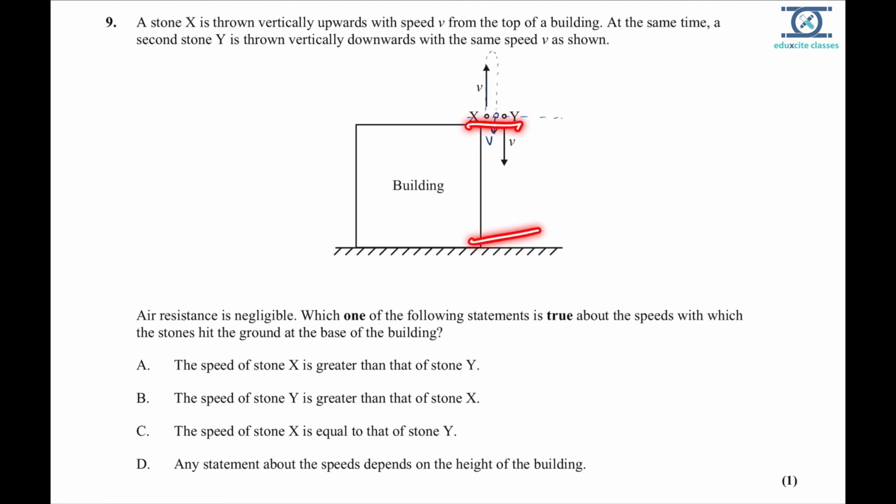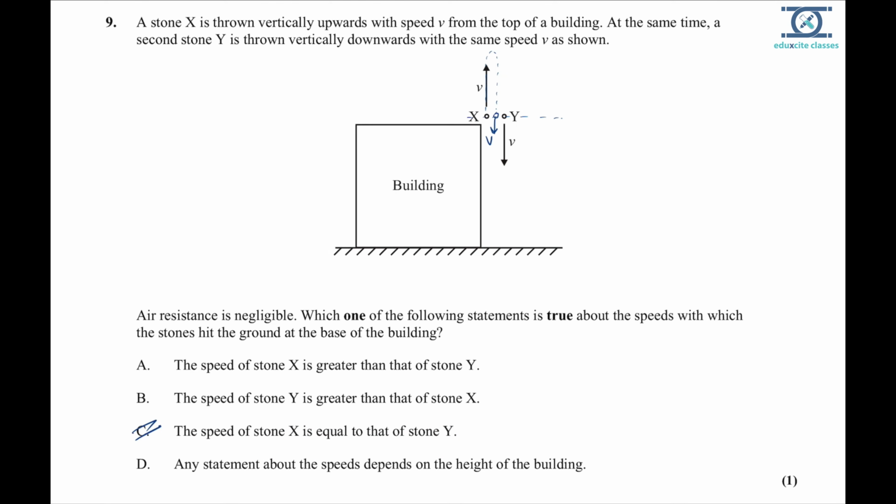The height is the same, acceleration due to gravity is also the same, air resistance is negligible, and both stones are of the same mass, so they will hit the ground, no sorry, not at the same time, but with the same speed. So the speed of stone X is equal to the speed of stone Y, which is option C.